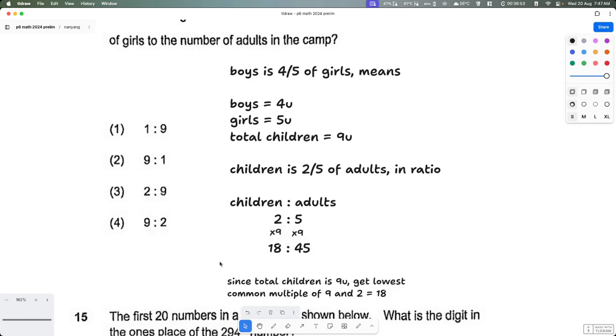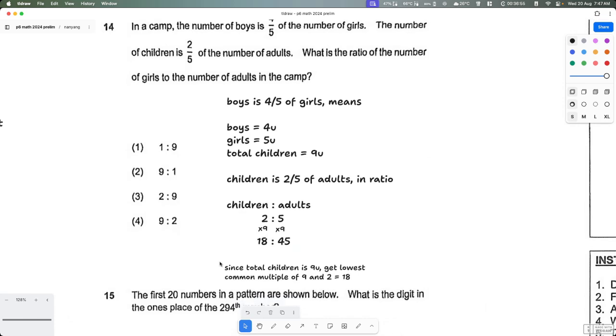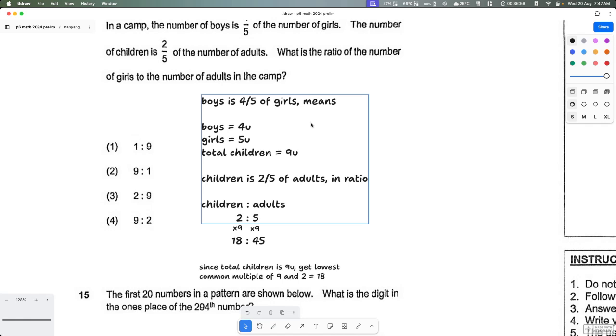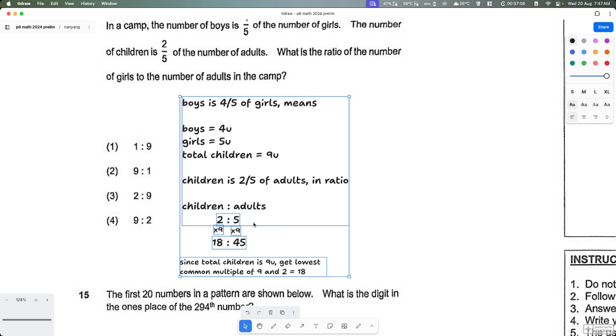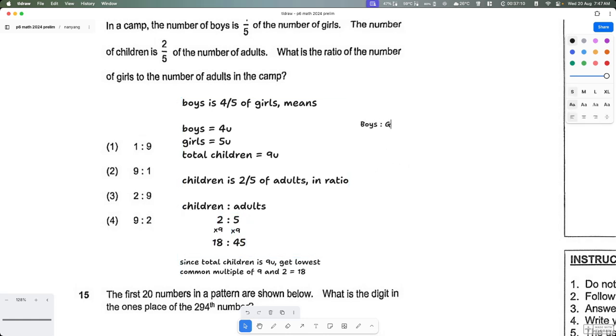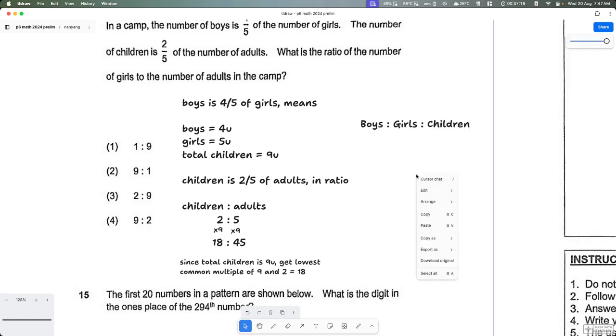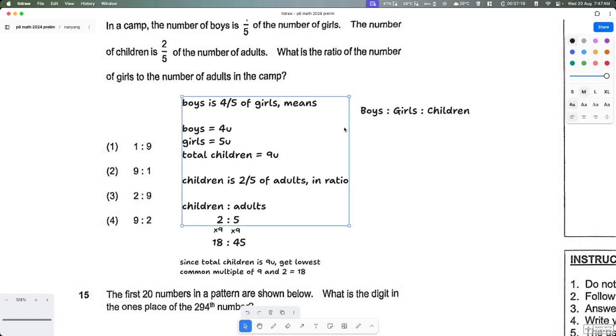Okay, so what is the ratio of girls to the number of adults? So girls to the number of adults. So if we know adults is 45, then boys to girls to children will then have to change as well, right? Okay, let me just draw this up.